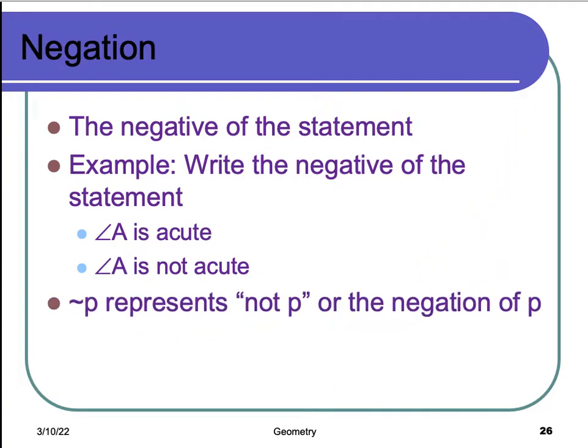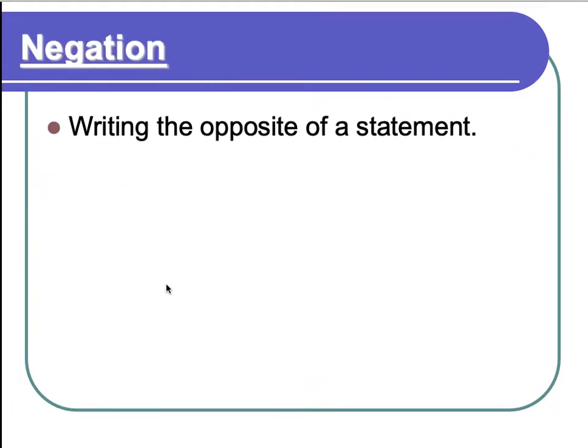I am going to use this symbol, which represents not P, the negation of P. It means writing the opposite of the statement, or the antonym of the statement. For example, negate x equals 3.